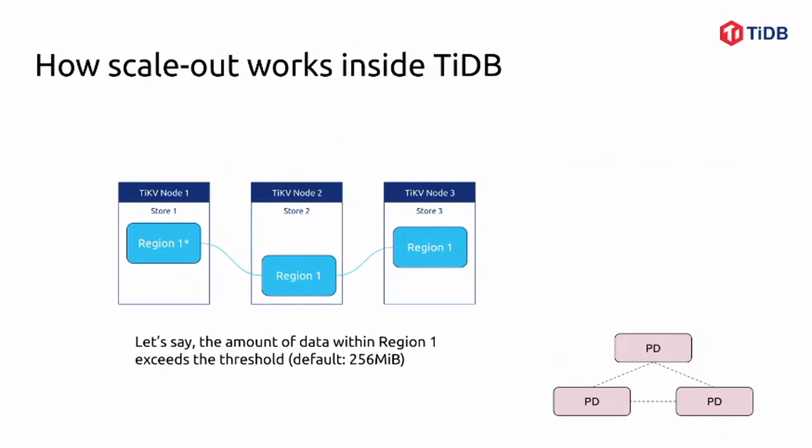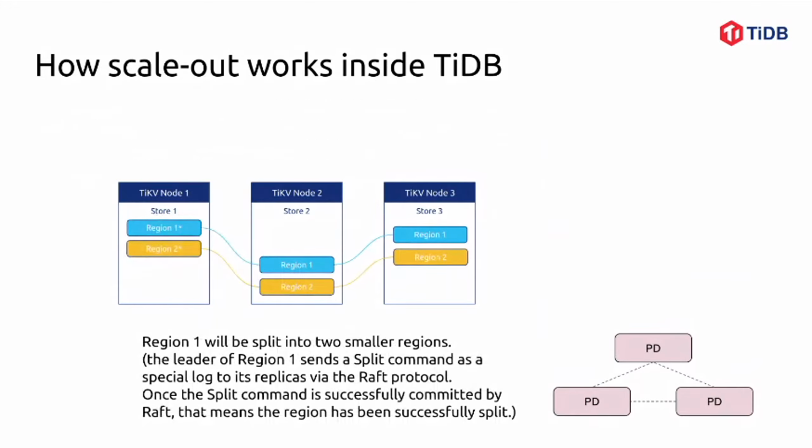So if we want to scale out things, let's say we have three nodes and they start to become a little bit too big, then we need to split this region 1. So then it's split into 2 regions. This is the easy part.